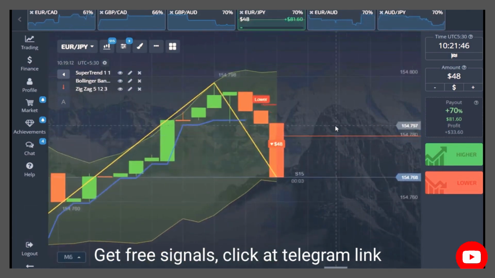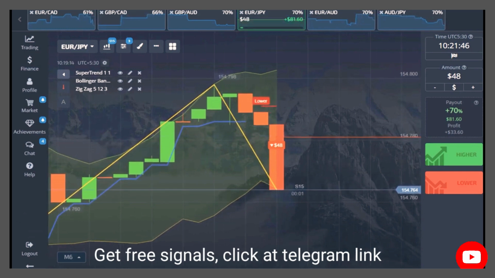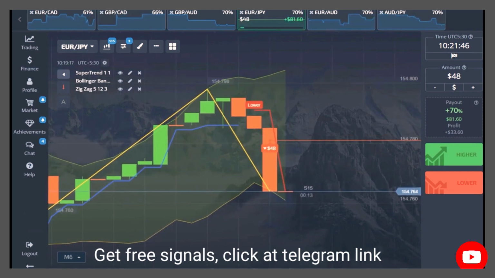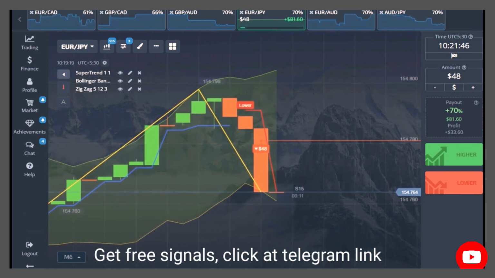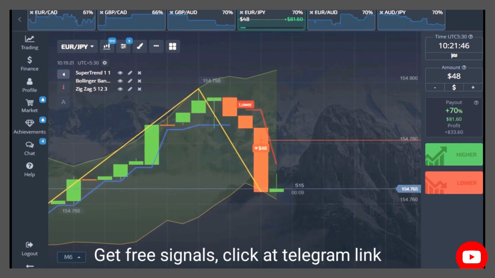The candle has touched the upper Bollinger Bands line, the ZigZag indicator line is above the candle, and we have received a sell signal from the Supertrend indicator. Now, let's see whether this trade results in a profit or a loss.